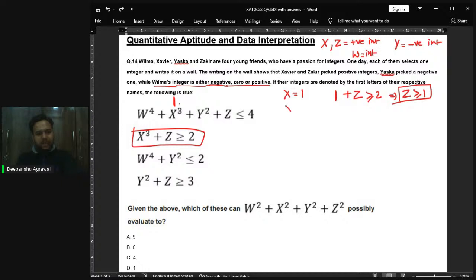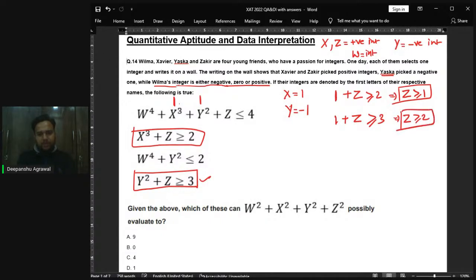We have to write it somewhere else, y equal to -1, because this term would be +1. Now, z can be greater than or equal to 1. We know that the value of y is -1. Just put it in the fourth equation. So 1 plus z is greater than or equal to 3. From here, we'll get the value of z greater than or equal to 2.